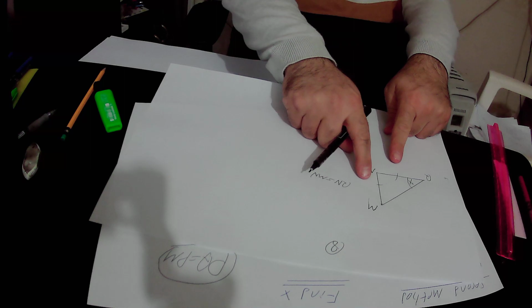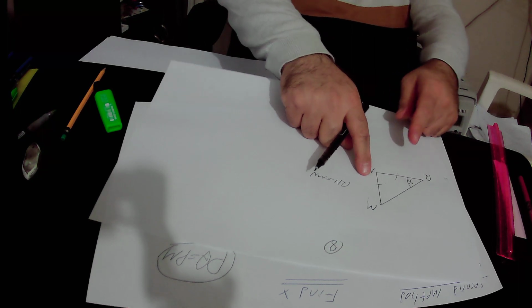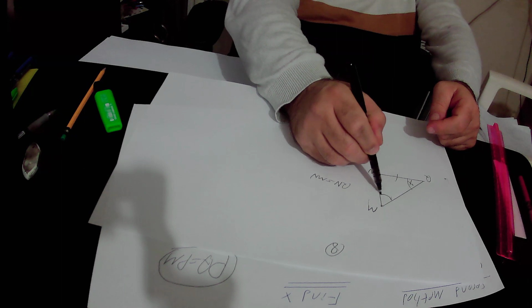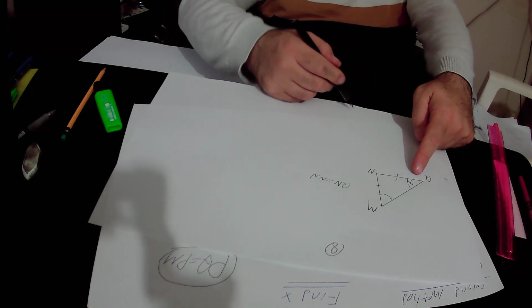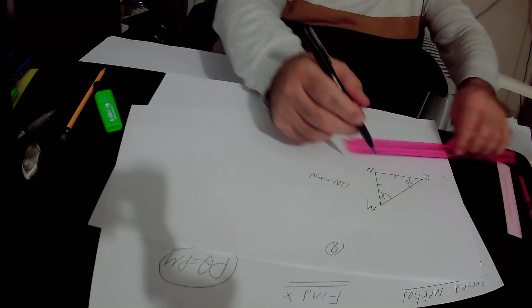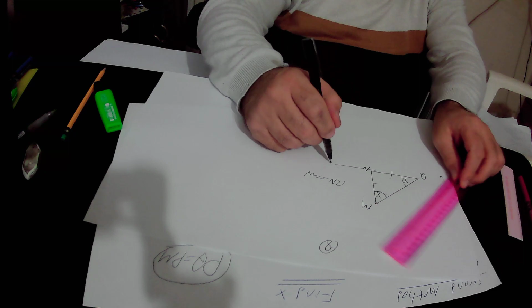So those two sides are equal to each other, therefore in front of them will be equal angles also. Because this angle equals x, then this angle must also equal x. Okay? This is point S here.